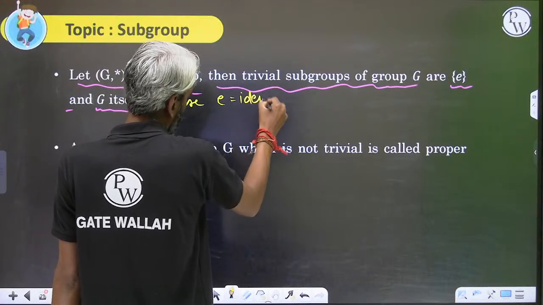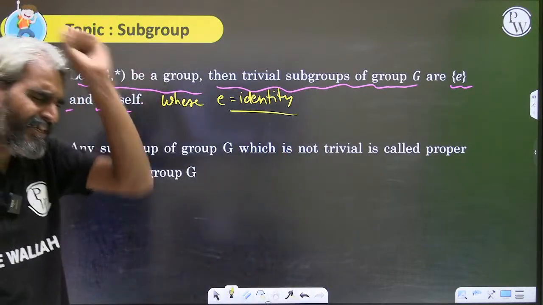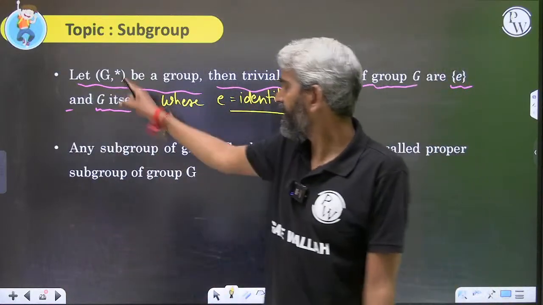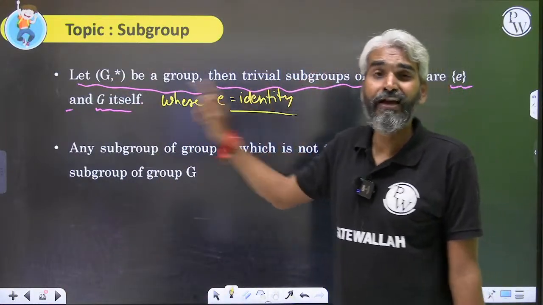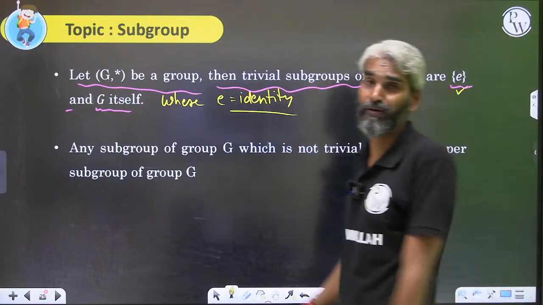You already know this, but for any group, it is guaranteed that there will be two subgroups of that group. One is the group itself, another is the subset that contains only the identity element with respect to the binary operation.